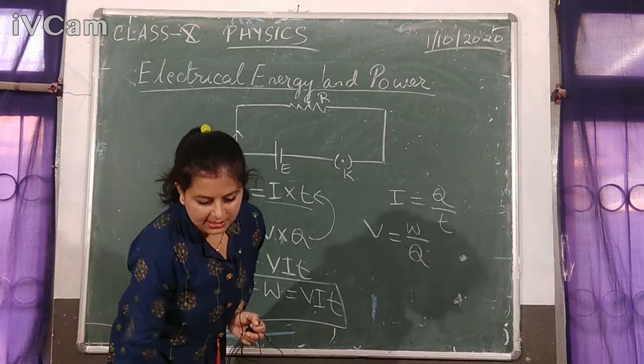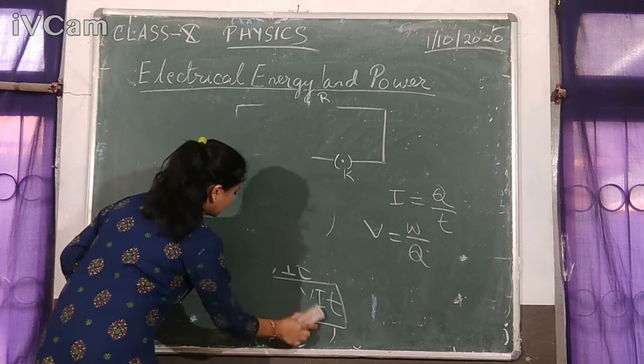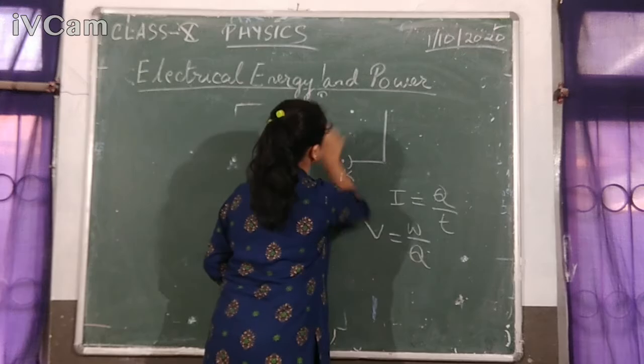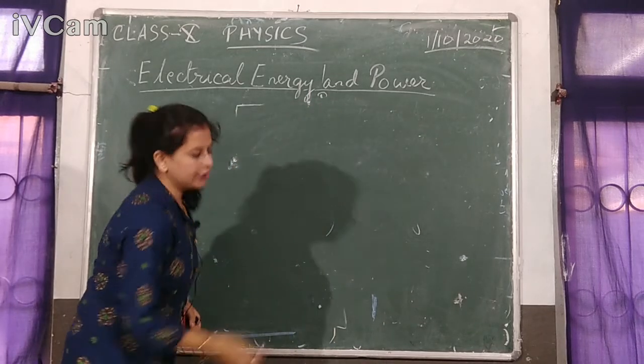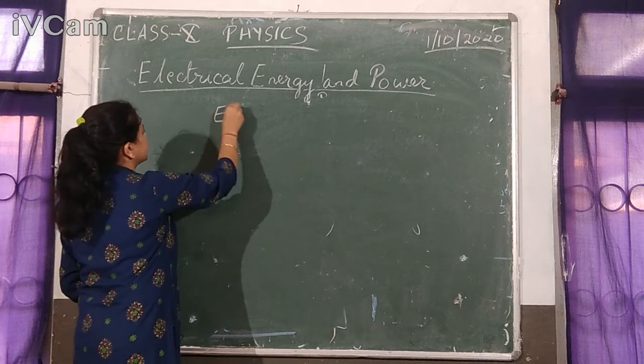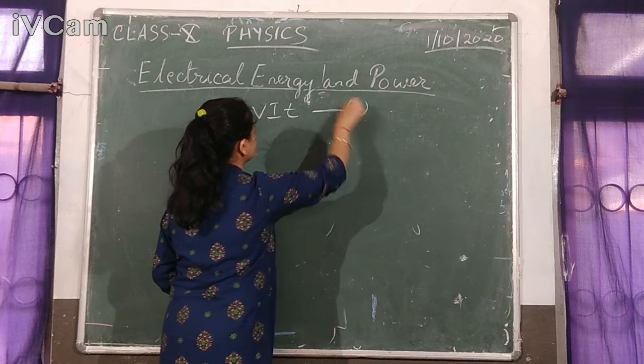Now not only this, we can deduce other expressions for this electrical energy, all right? Using Ohm's law, like you have electrical energy VIT. Take this as the first equation.